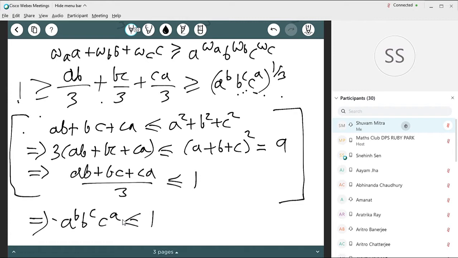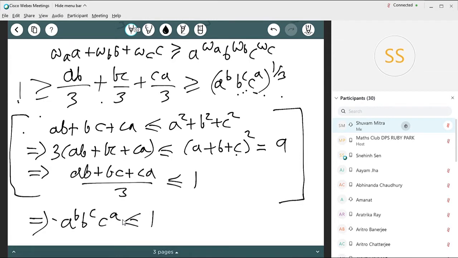Can you re-explain why we are multiplying 3 over there in the second step? Oh, we are not multiplying 3, sorry. Adding. I should have written it better. We are adding 2 times (AB plus BC plus CA), because that's basically the expansion for this square, from your basic algebraic identities which you have done. You're not multiplying 3.